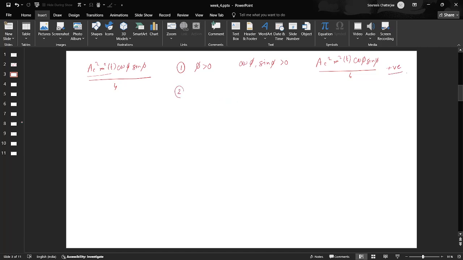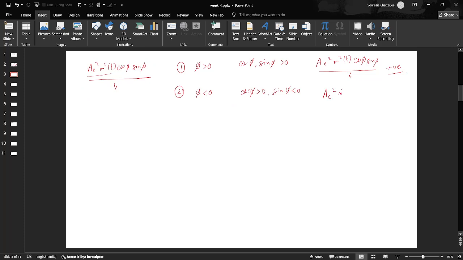There is another scenario possible when φ is negative. That means the carrier generated by the receiver is lagging its counterpart in the transmitter. So for φ negative, cos φ still remains positive, because you know cos of minus x is cos of x only. So cos absorbs the negative part, but sin φ now is negative. That is the only negative part in the entire expression.